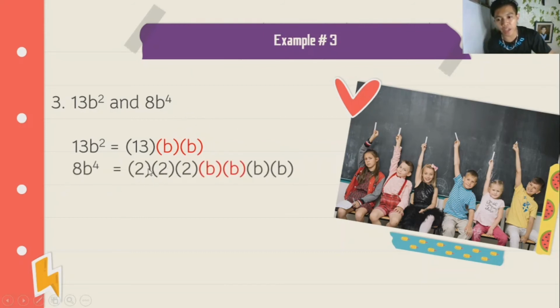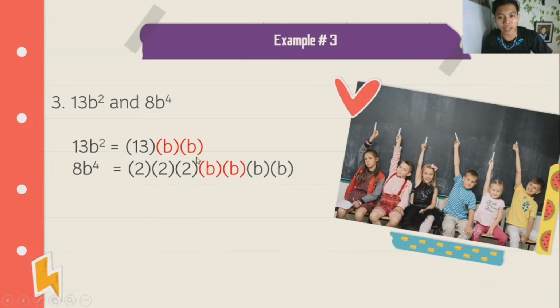Now, punta naman tayo kay 8b raised to 4. Si 8 ay 2 times 2 times 2. Diba? So, 2 times 2, 4, times 2, 8. So, correct yung ating prime factors. And then, ilang b? 4 daw. B raised to 4, 4 na b. So, b, b, b, b. Now, hanapin mo yung pagkakaparehas sa kanila.